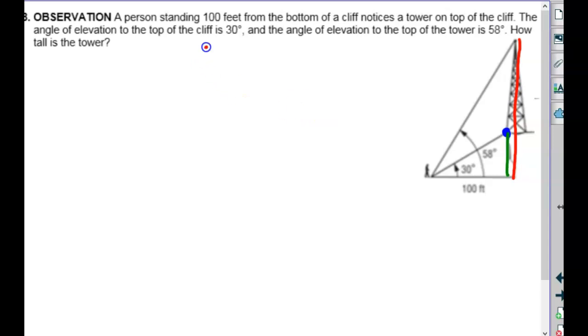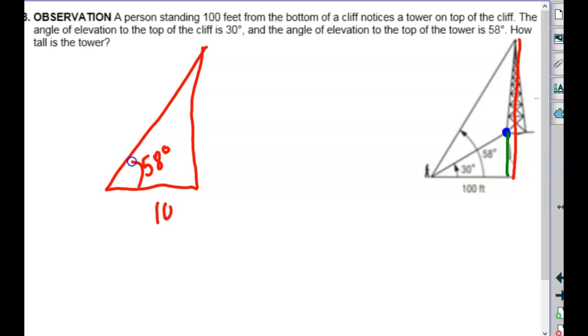So the big red triangle has a 58-degree angle here and 100. And if we find x, it will give us the height to the top of the tower. And then the little triangle inside is still 100 here.